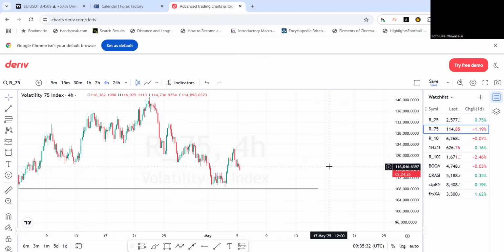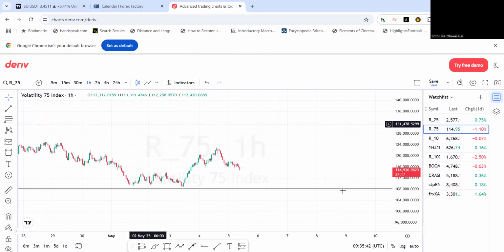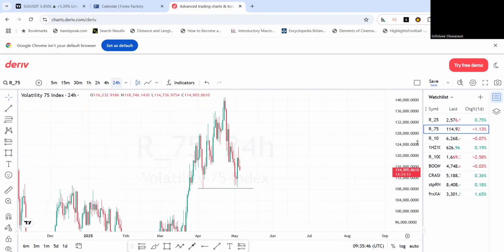Not seeing a suitable entry for my trade. So the entry has been made already actually. Here, somewhere here. This point. That was the best entry. This point.